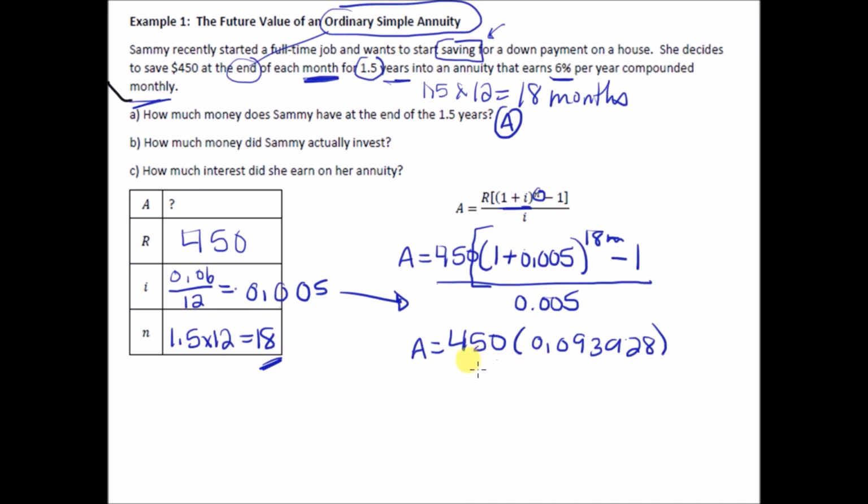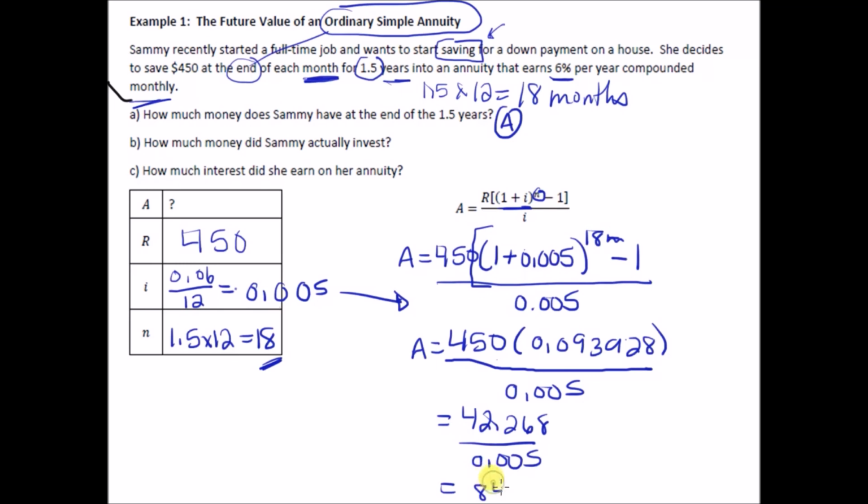My tablet was being messy. I write over 0.005. Okay, so if you multiply the top, we get 42.268, and then divide that out. What we get is 8453.60. Okay, so at the end of 1.5 years, she has $8453 and 60 cents.